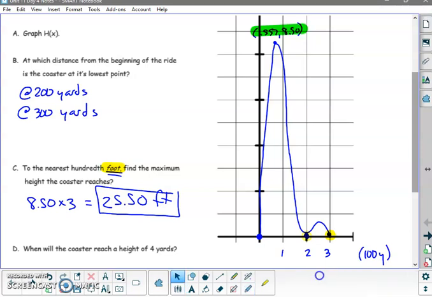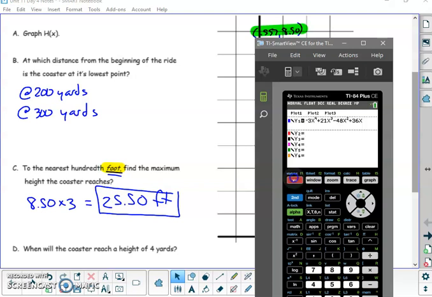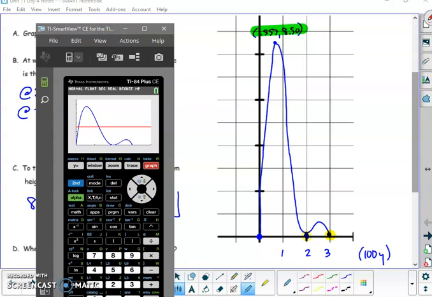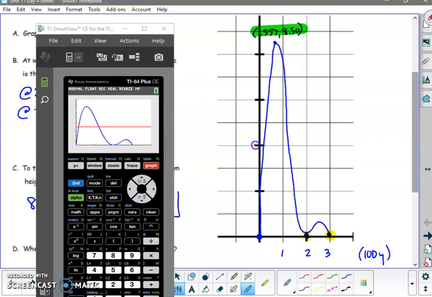When will the coaster reach a height of 4 yards? So what we need to do here is we're going to have to find some intersection points. So we're going to go to y equals, and in y2, let's put in 4. Take a look at your picture. So on my graph, basically 1, 2, 3, 4, I want to find the intersection with this.